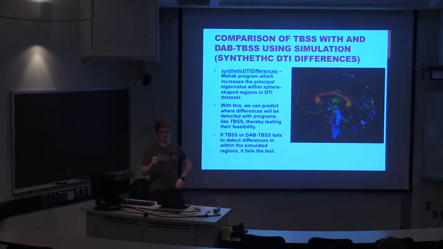So you take these subjects that have simulated differences, and you take the same number of subjects that are just completely normal, and you compare them. And basically, if TBSS or my version actually finds these differences, saying, I see what you did, Matt, there's a difference in these three areas, then you say, okay, this is correct.